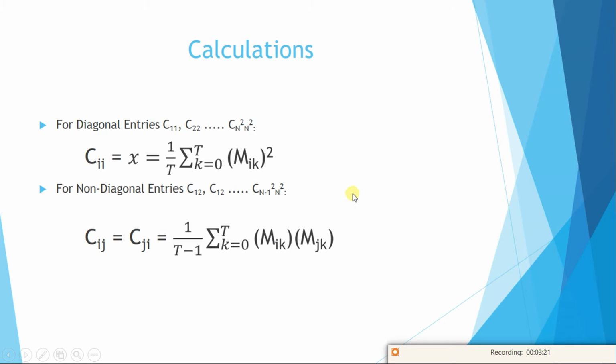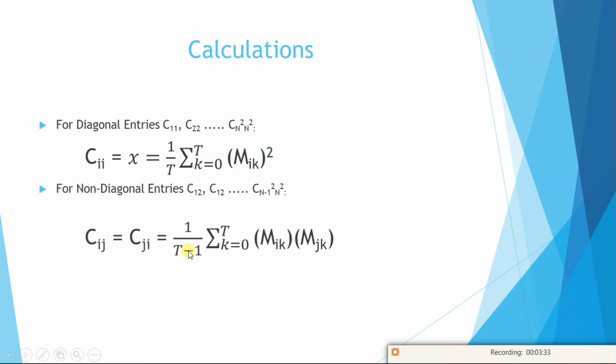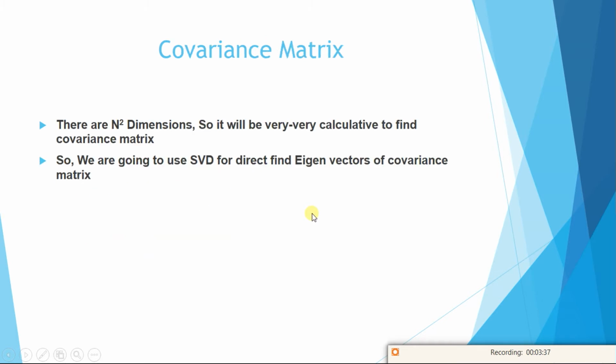We can also use this formula, but we are not going to use it because there are n square dimensions, so it will be very computationally heavy to find the covariance matrix, because there will be very many combinations like C12, C21, C32. So instead of that, we are going to use SVD to directly find the eigenvectors of the covariance matrix.